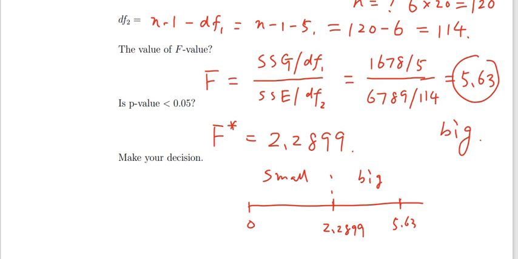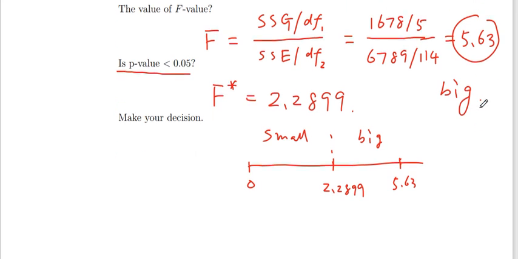So we make a decision this way, determining whether this cut point is a big number or a small number. Before, we made decisions based on the p-value: if the p-value is less than alpha, HA; if larger than alpha, H0. These two methods are actually the same. So what is the p-value here?